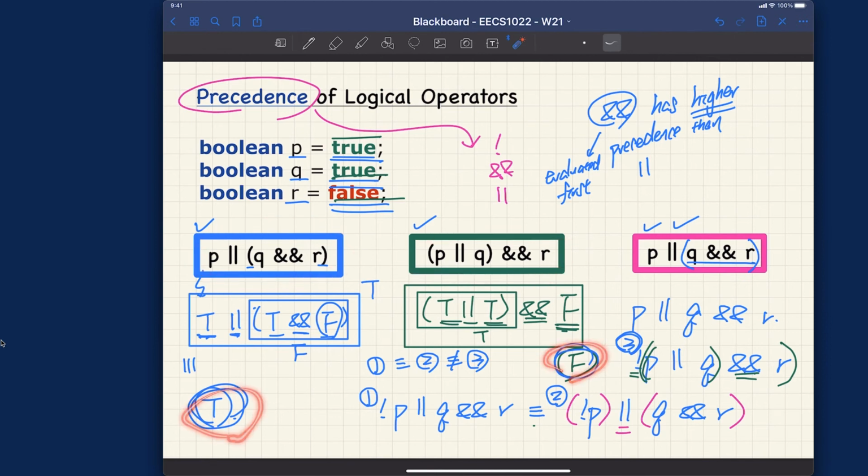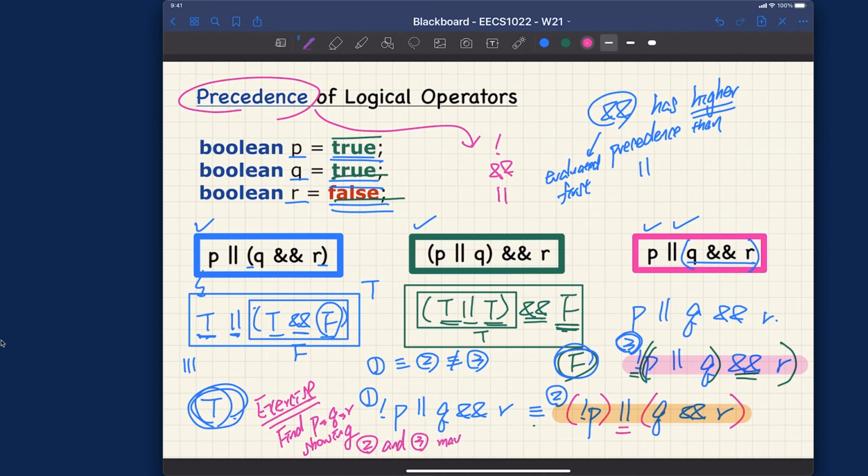So now, one exercise for you. Find values for P, Q, and R, showing that number 1, which is equivalent to number 2, and number 3, may evaluate to different results.